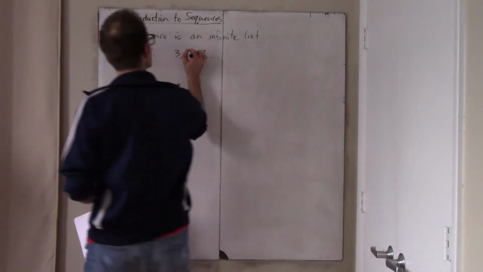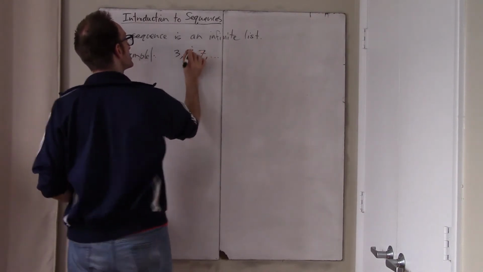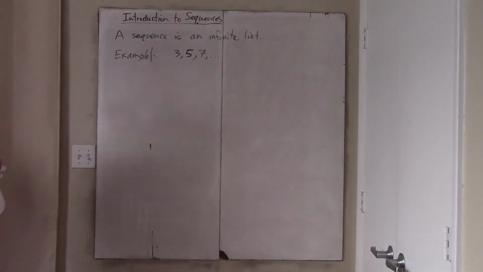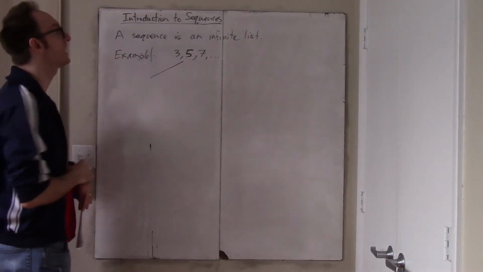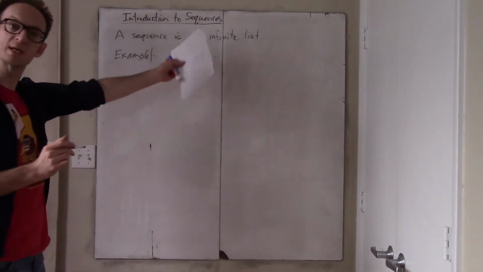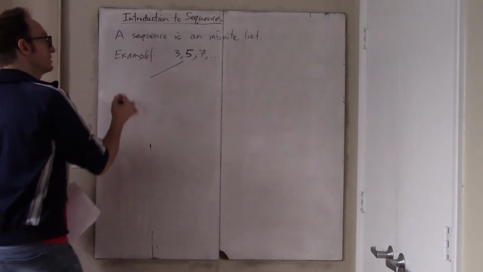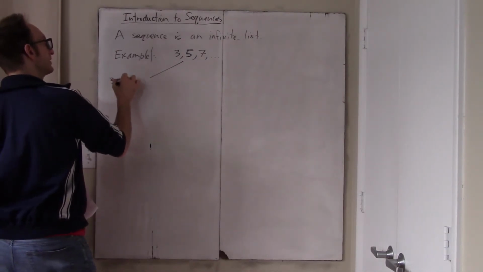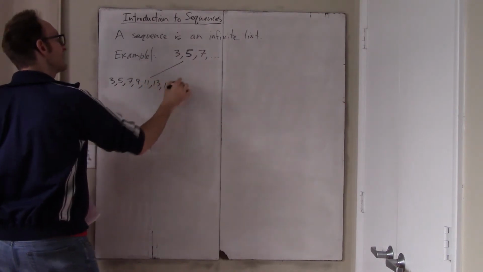One option is that these were just the odd numbers. If I were to prompt you to continue the sequence, you might say 3, 5, 7, 9, 11, 13, 15, etc.